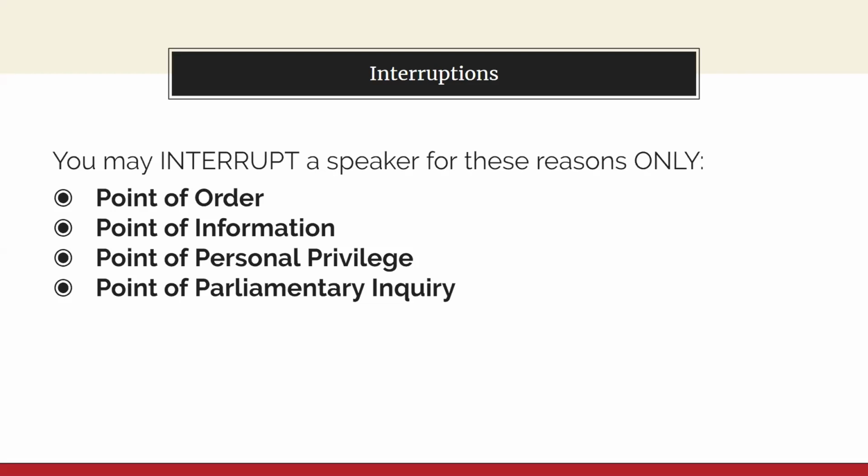And someone will help you and tell you exactly what to say. Point of personal privilege is most commonly used for saying you don't know what we're voting on. So if you couldn't hear what was being said, and everyone else has immediately run into a vote, you use a point of personal privilege to clarify and make sure that stuff has been done.